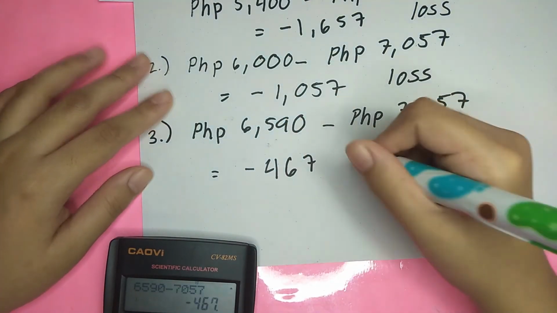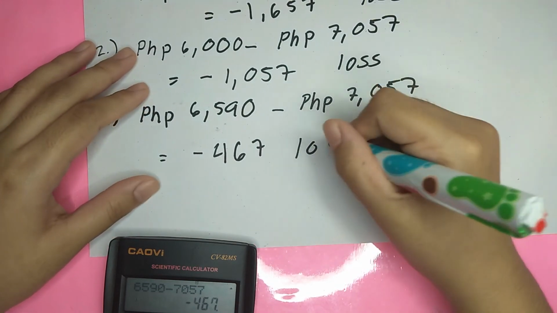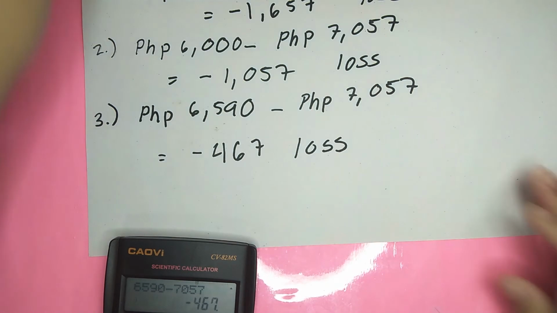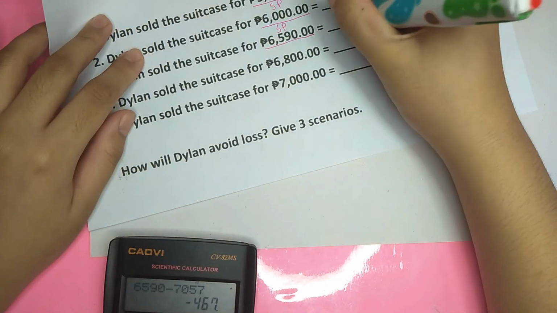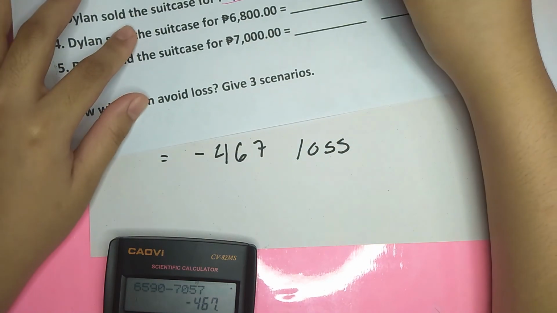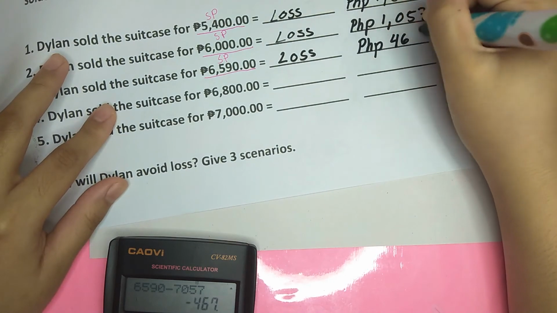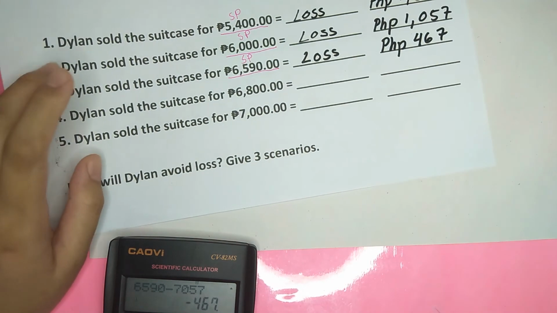Dahil negative na naman, yan ay loss. So, number 3, loss. Nalugi siyang 467 pesos.